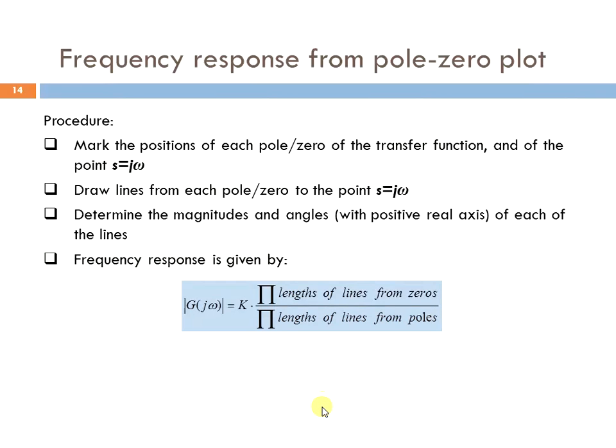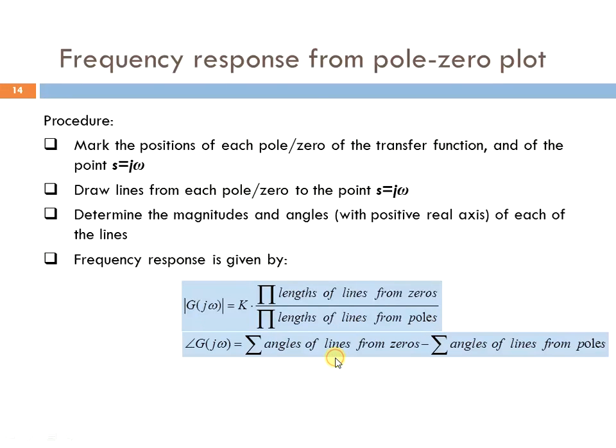From this, the magnitude response is given by the product of the zero magnitudes divided by the product of the pole magnitudes. The phase is the difference between the sum of the zero phases and the sum of the pole phases.